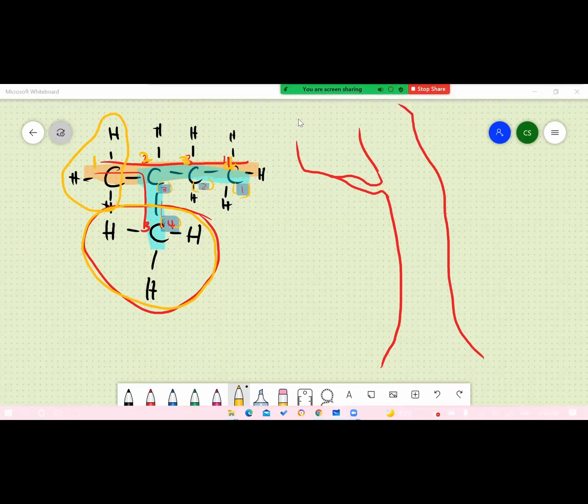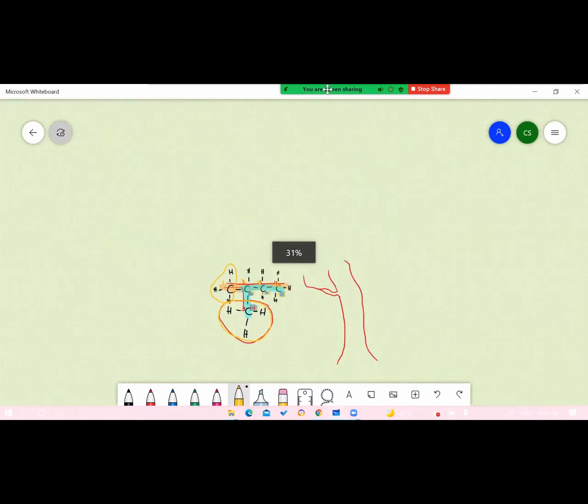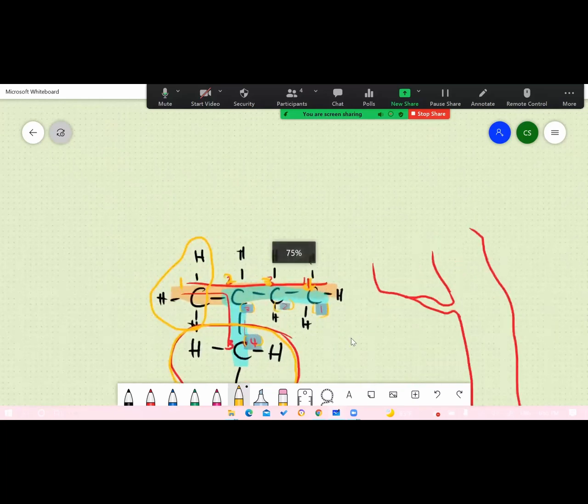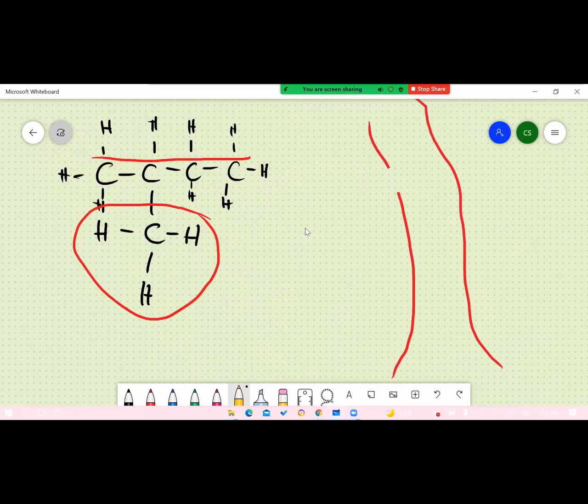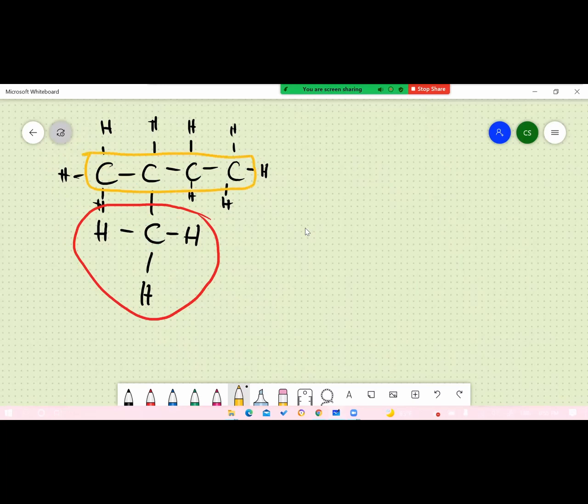All right, great. Now that you've gotten that clear, we're going to use the first one that I was talking about as the branch, the one I circled. So we take the chain here, and then the branch would be this here.